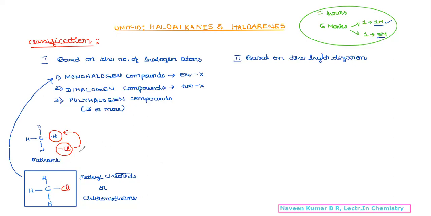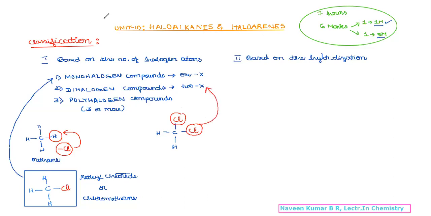Similarly, if two hydrogen atoms are replaced in methane, then we can call that a dihalogen compound. For example, we'll take the same methane. In the methane, the positions of 2 hydrogen atoms are substituted by halogens. Two chlorine atoms are substituting the hydrogens in the methane, and as it contains 2 halogens, it is an example of a dihalogen compound.